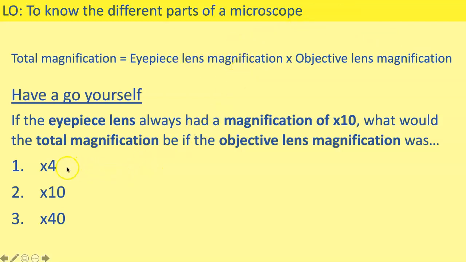The objective lens magnification changes each time. So all you need to do is make sure you have 10 here because that is our eyepiece lens magnification. You need to times it by these three numbers to get three different answers for the total magnification of the microscope. So pause the video and have a go.